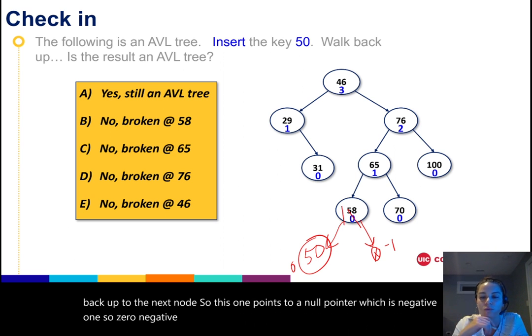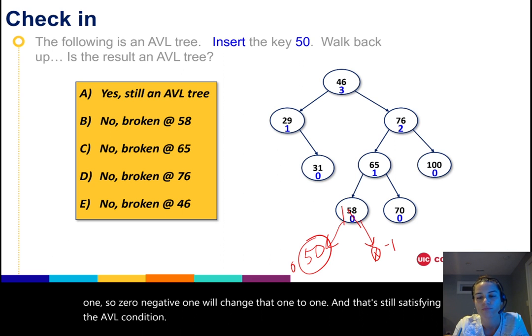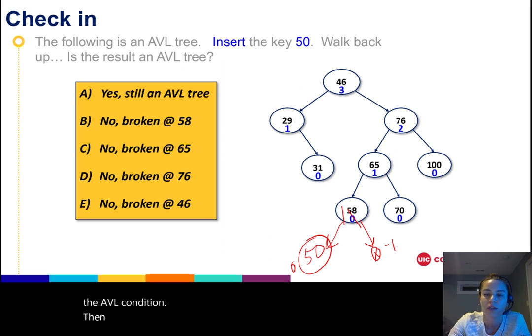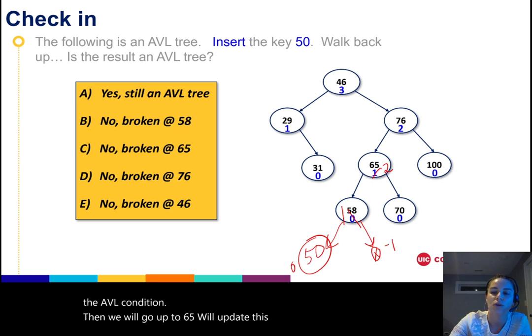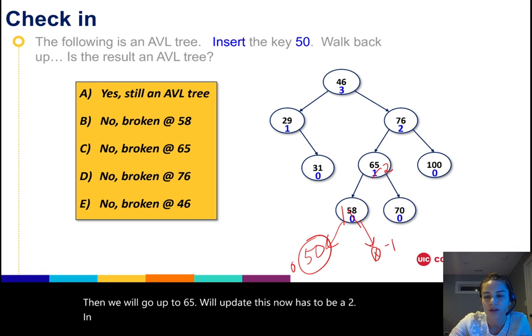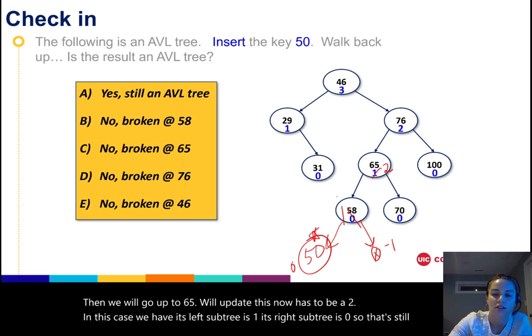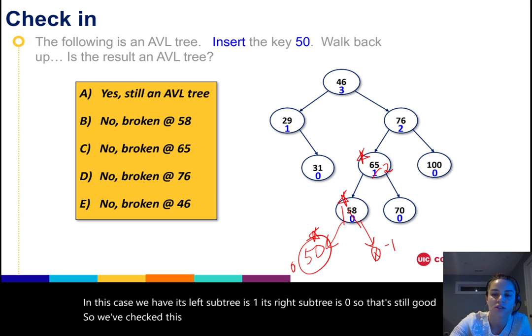We'll change that one to 1, and that's still satisfying the AVL condition. Then we will go up to 65. We'll update this. This now has to be a 2. In this case, its left subtree is 1, its right subtree is 0, so that's still good. So we've checked this one, we've checked this one, and we've checked this one.